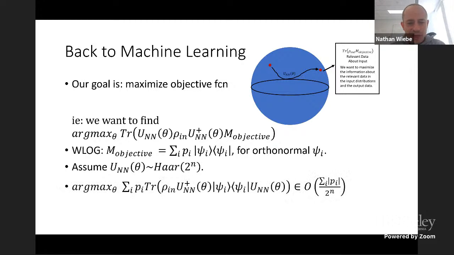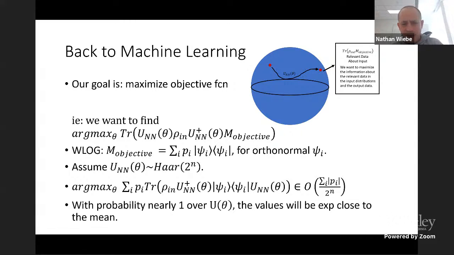So if we take that model for what a unitary neural network looks like, we find that our objective function typically scales like 1/2 to the n for these particular cases. I shouldn't have put an argmax there, but you get the idea.